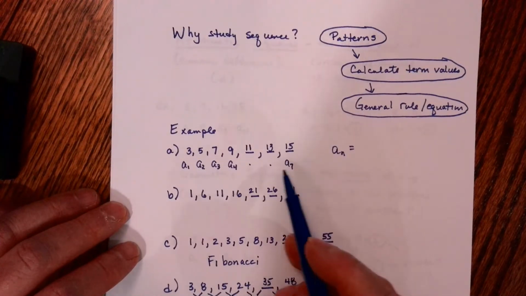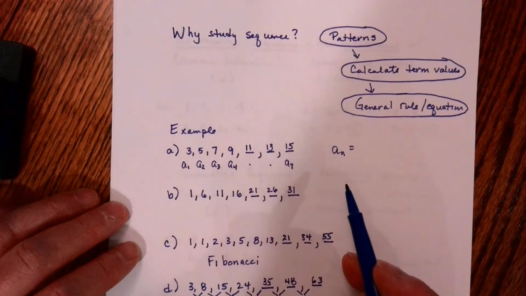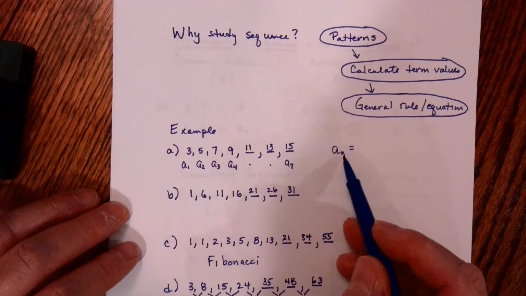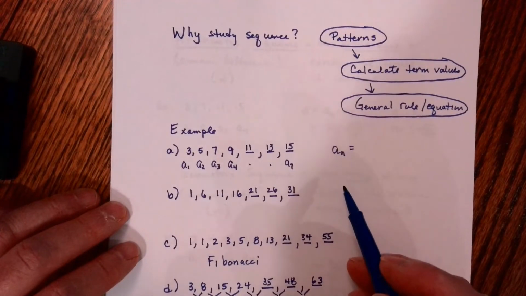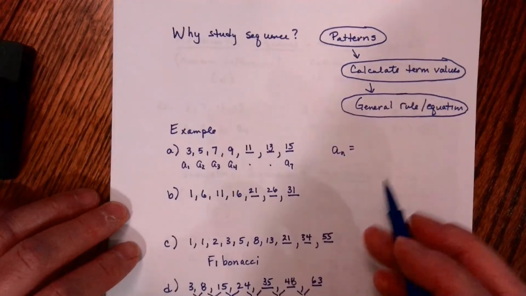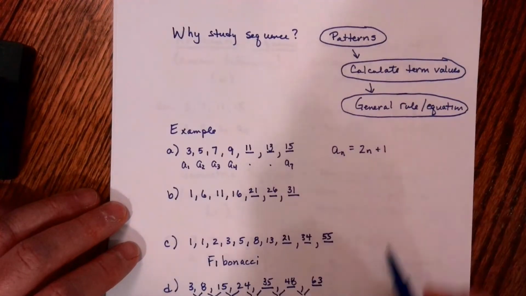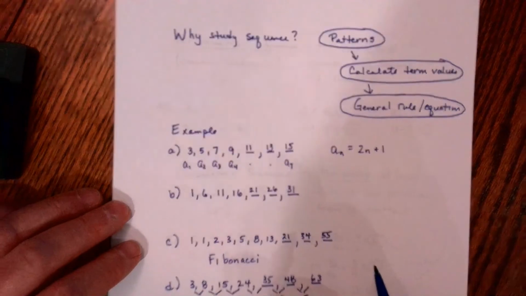If I wanted to find any term in this sequence, for example, if this went on further, I could say that any term in this sequence, denoted by A sub n, is equal to 2 times n plus 1. Let's see if that works.